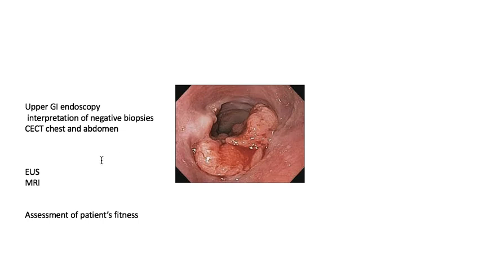But especially in very early malignancies, where in some countries they do mucosal resections in the T1 lesions, to look at the lateral spread, the endoscopic ultrasound will be helpful.